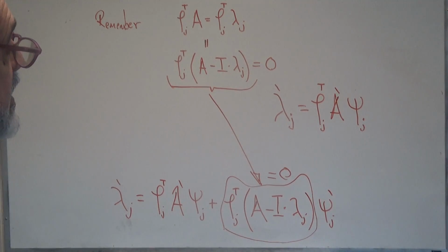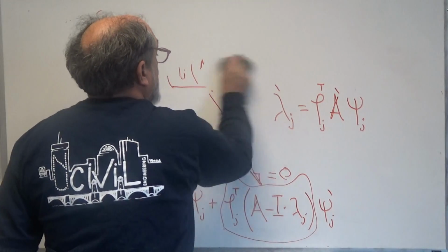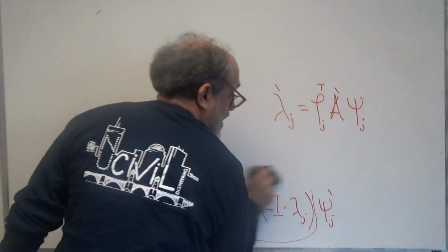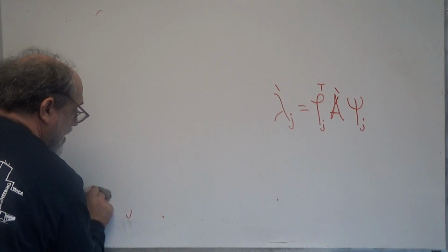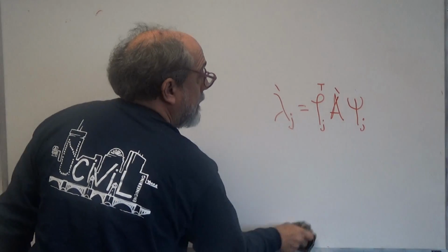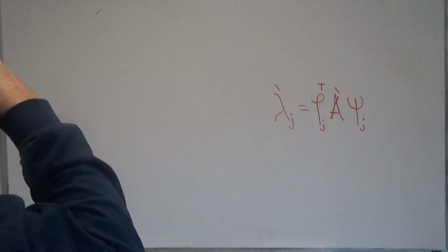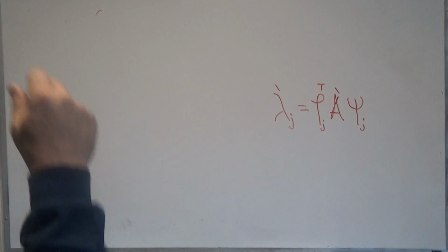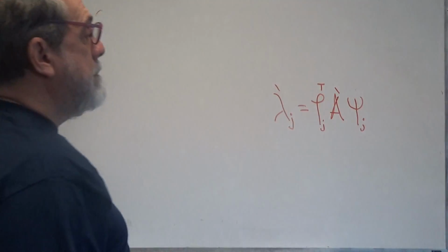Okay? That is the derivative. Quite simple. Once you have the eigenvectors, the right and the left side eigenvectors, you get this.